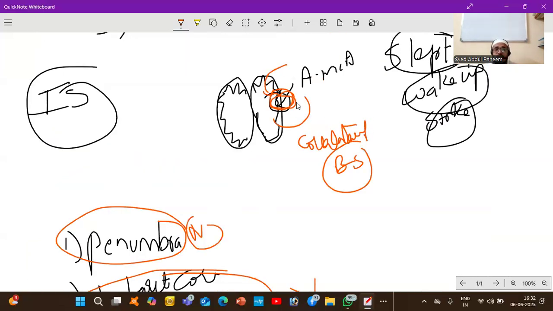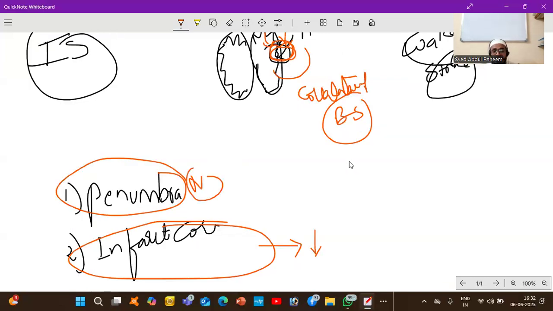In the penumbra, blood volume is normal, but blood flow is reduced because of the collateral, where the pressure is low.